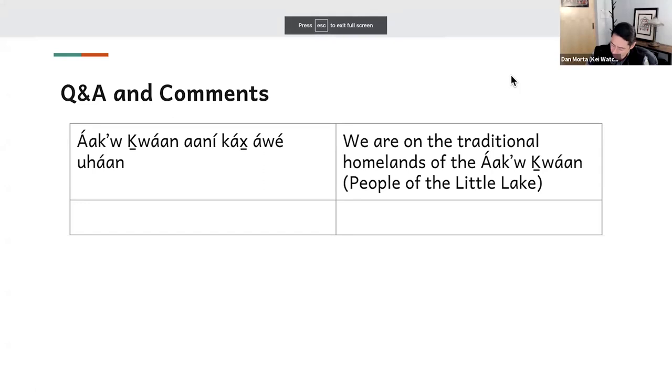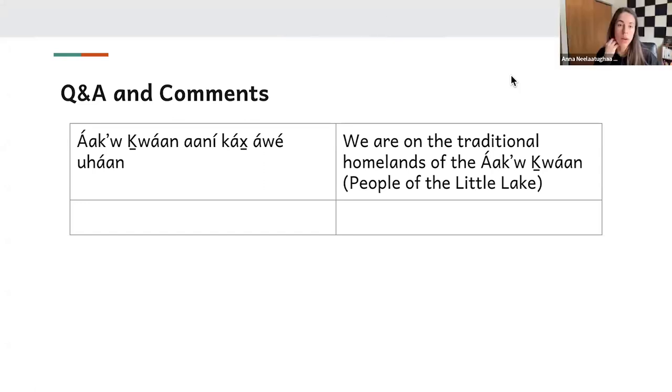When would you say this? It's nice to say if you're having a gathering like at UAS, or any kind of meeting and you're opening up. It's a nice thing to acknowledge the lands of the people you're on.